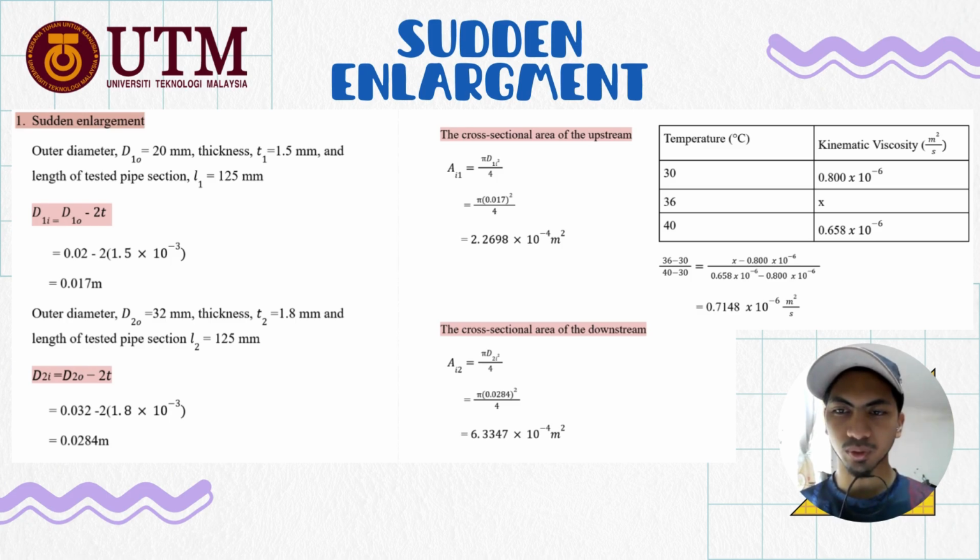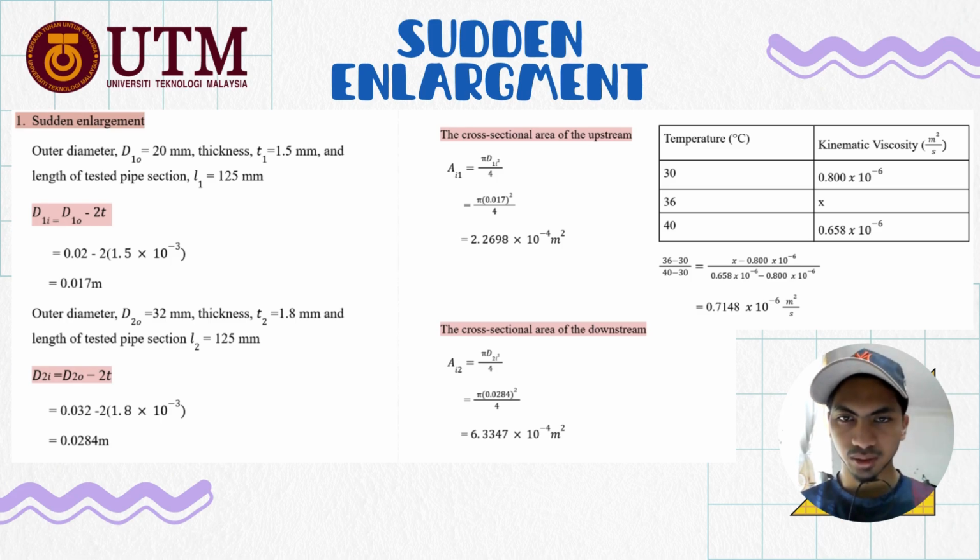After that, we must calculate the outer diameter D2O, equal to 32 millimeter. We change the unit from millimeter to meter and use the same formula, and we get 0.0284 meter. After that, we must find the cross-sectional area of the upstream.